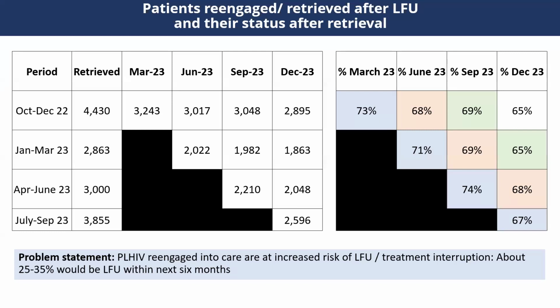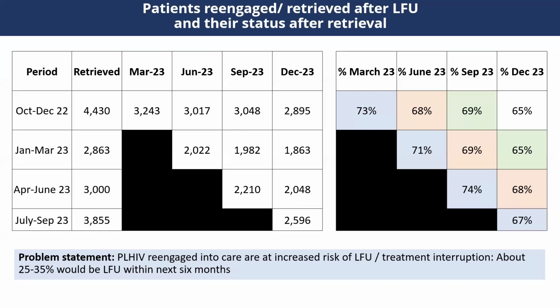Just look at the table on my left first. See the time period from October to December. In that quarter, almost 4,000 patients were retrieved from LFU in one state. And what happened? I looked at them at the end of the next quarter, that is, in the month of March 23.